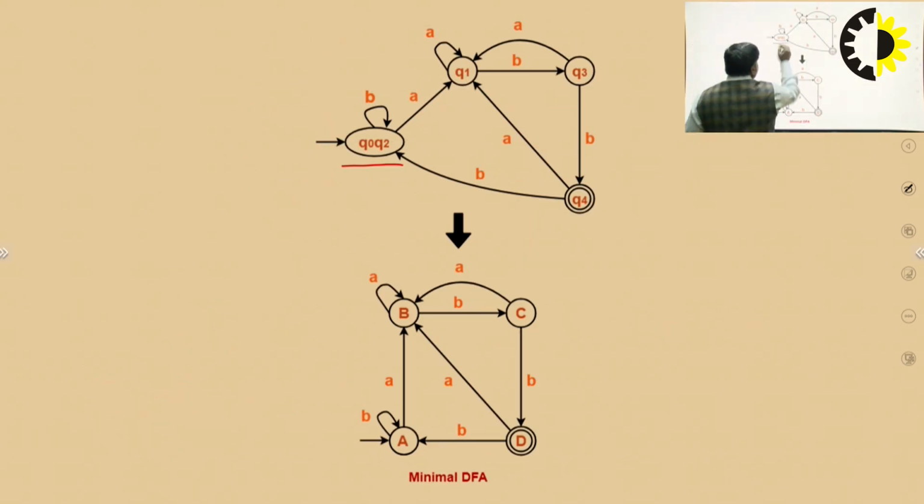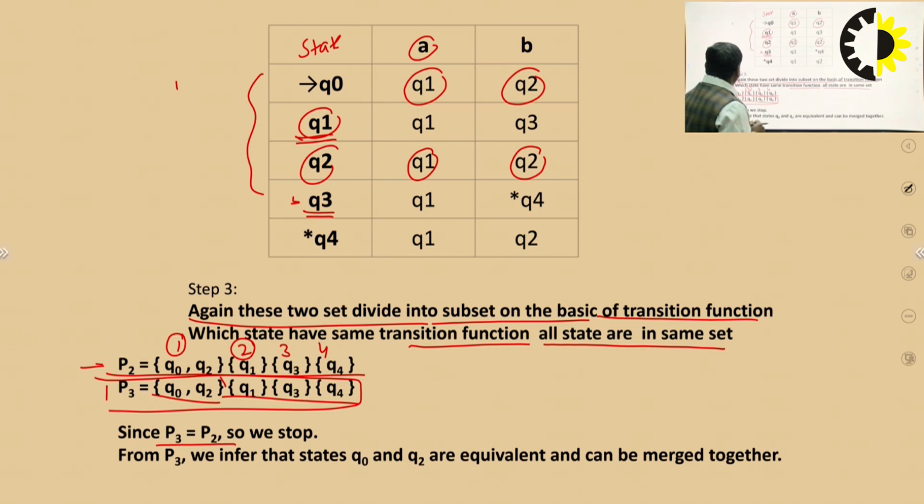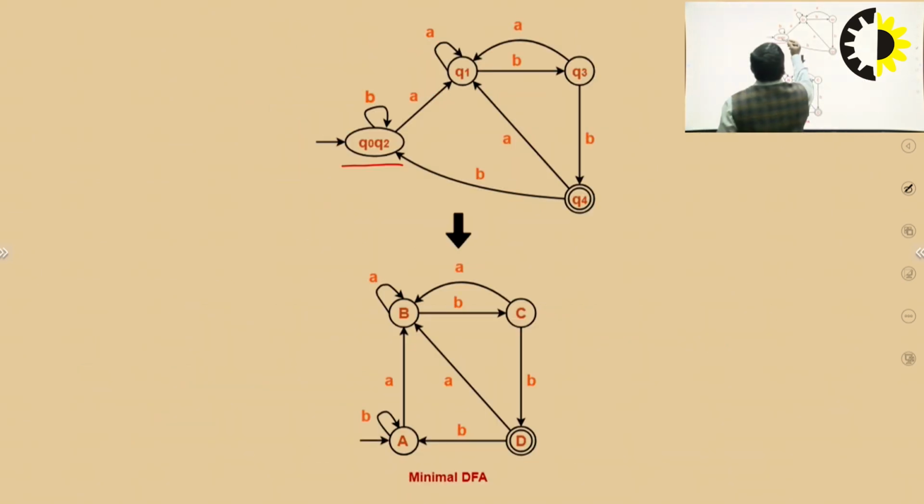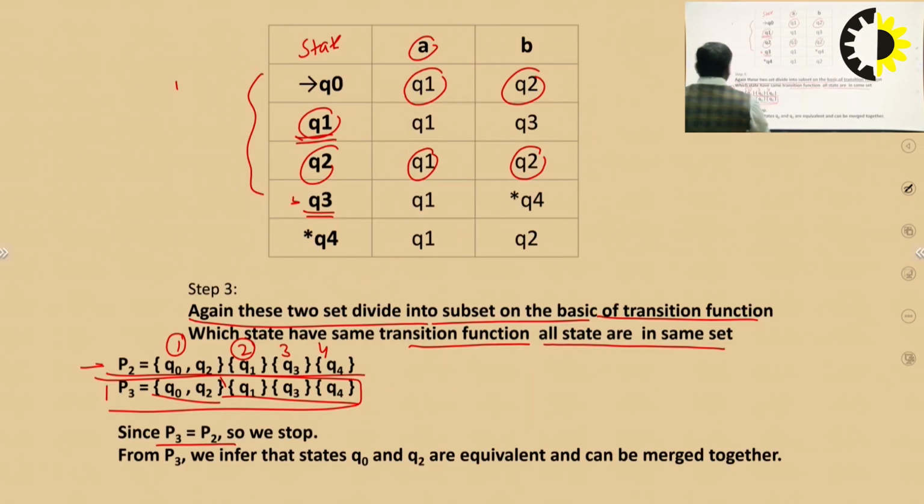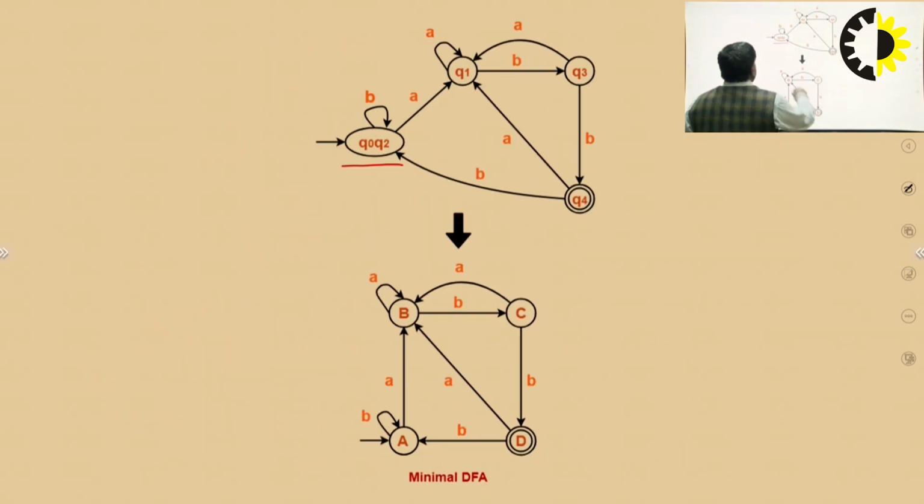Now Q0 and Q2 from A move to Q1. That is very easy. And Q0 and Q2 on B move to Q2. This is the minimized finite automata.